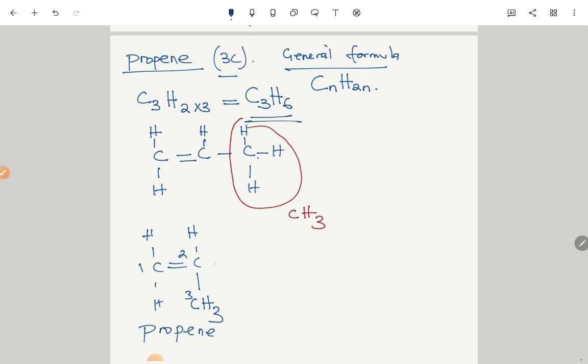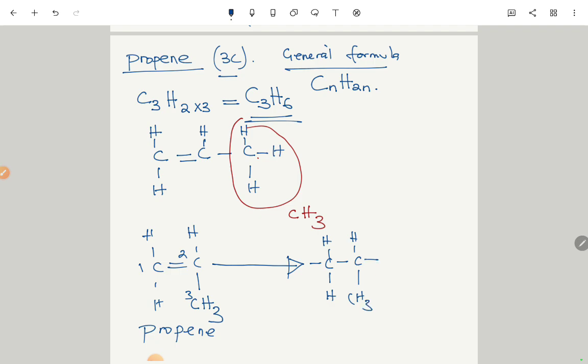So this propene can polymerize. When it polymerizes, the double bond breaks. So we're going to have something like this. Here, CH3.